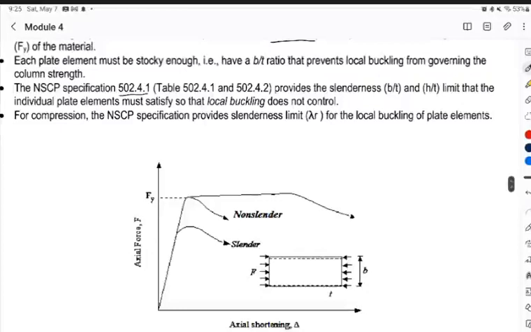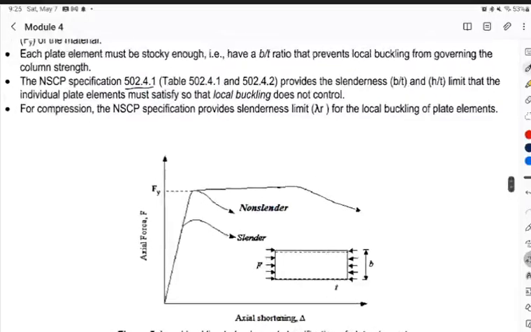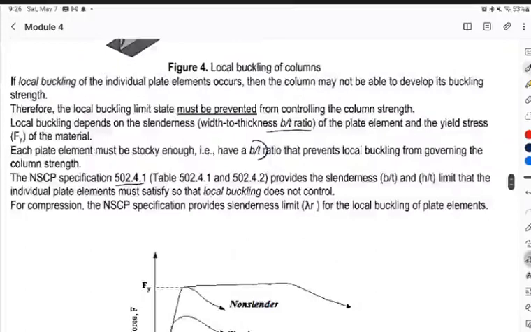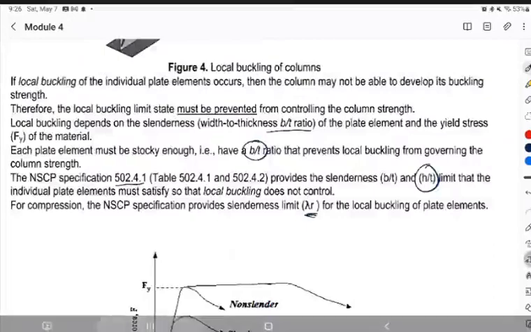Ito yung sinasabi nga, yung lambda r daw, okay, for the local buckling of plate elements. Okay? So for local buckling, ang basehan natin is the B over T or H over T ratio class. Okay? And kino-compare natin siya for the lambda r. Ano ba yung lambda r?